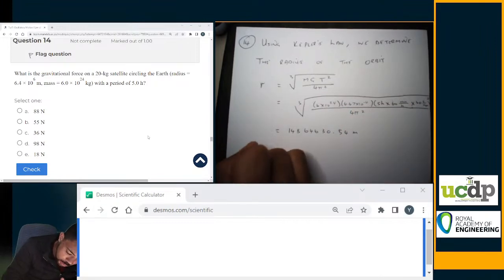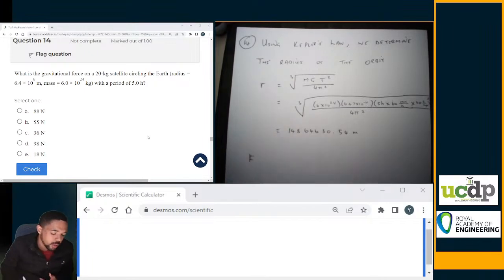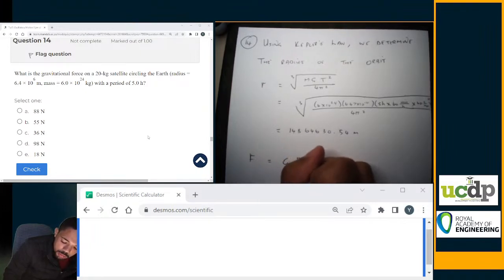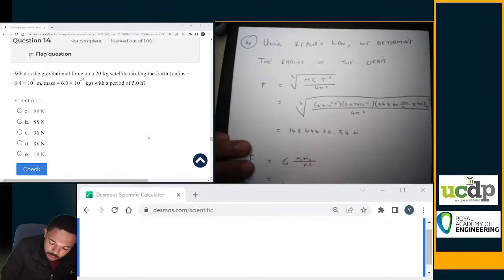Now the gravitational force between the two, because now we have both of their masses, the mass of the Earth and the 20 kilogram satellite, so we can easily calculate the force of gravity between them. It's G times the mass of 1 multiplied by the mass of 2 over the radius between them squared. So that will be 6.67 times 10 to the negative 11 times the mass of the Earth, 6 times 10 to the 24, times the 20 kilogram satellite's mass.